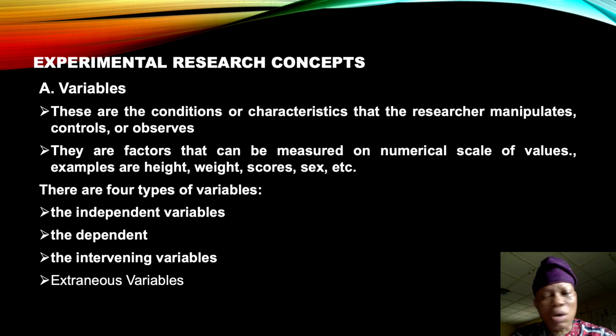The last one there is called extraneous variables. These are variables that cannot be manipulated by the researcher, which may have a significant influence upon the outcome of a research. Examples are teachers' competence or age, socio-economic level, and academic ability levels of the students under study. You get this one?